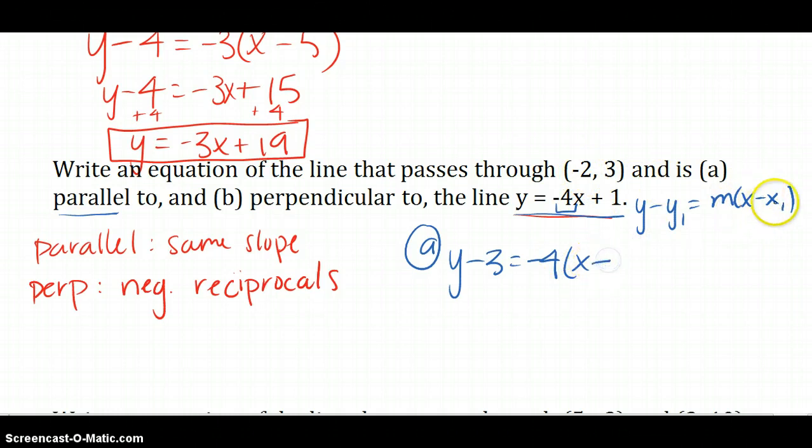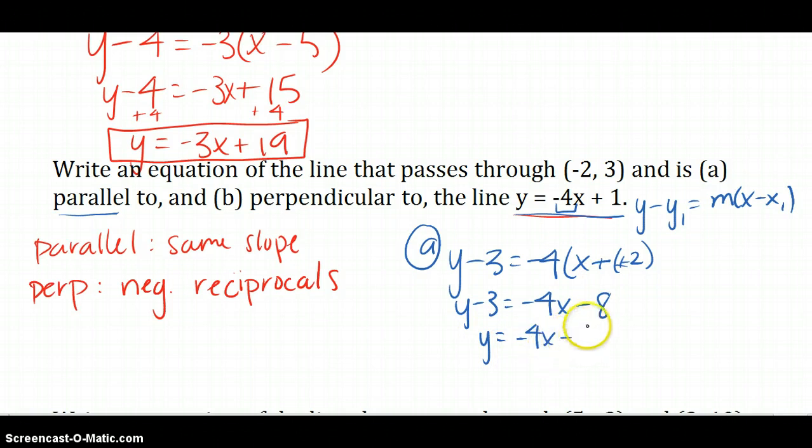It should be minus -2. So it becomes x plus 2, essentially, because a negative and a negative right next to each other become positive. So then we simplify, add our 3 to both sides, and that's our equation for A.